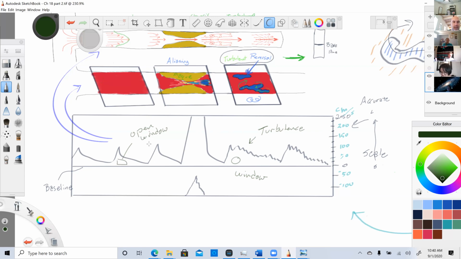Open window is laminar flow. Closed window is equal to turbulence, or at least suggests turbulence. It doesn't.